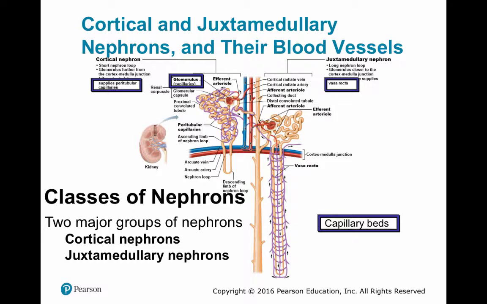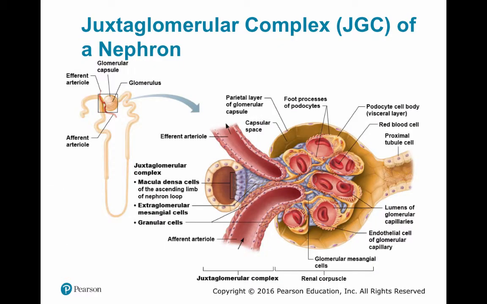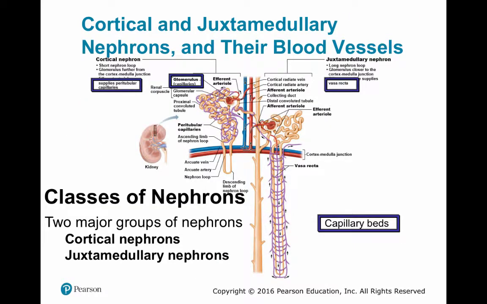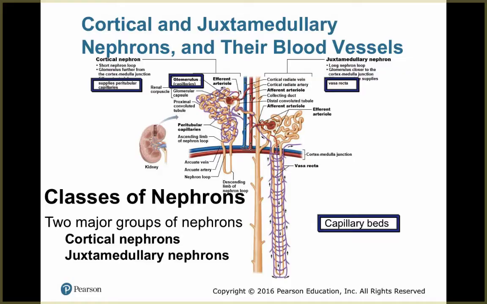They have both a supply from the glomerular capillaries here, or through the peritubular capillaries. So when you're talking about getting blood supply or filtrate, these are the two places for the cortical nephron. And then if you look down here, that is the main place for the juxtamedullary nephrons.